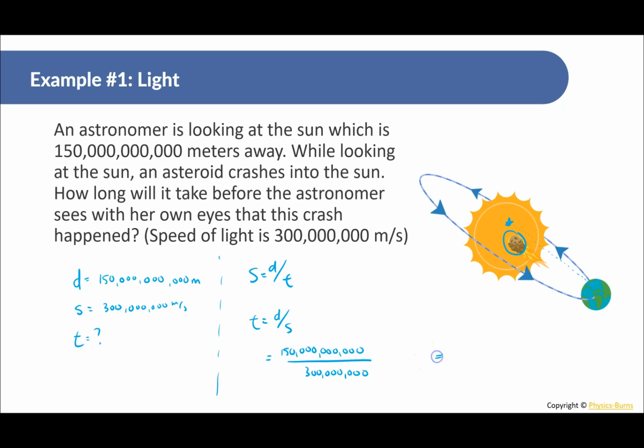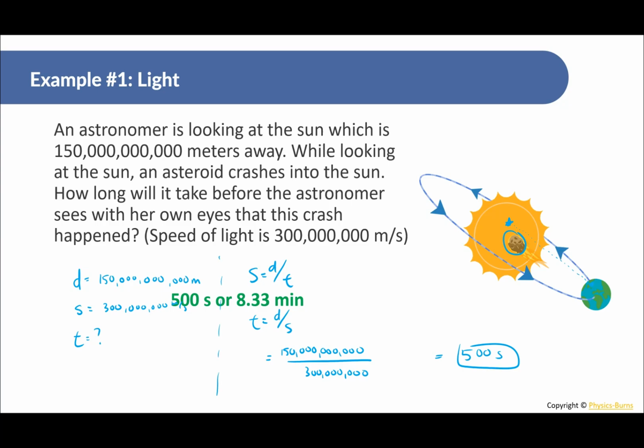Let me put that in my calculator. 150 billion divided by 300 million is 500 seconds, or about 8.33 minutes.